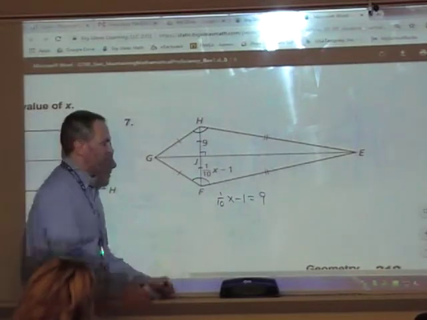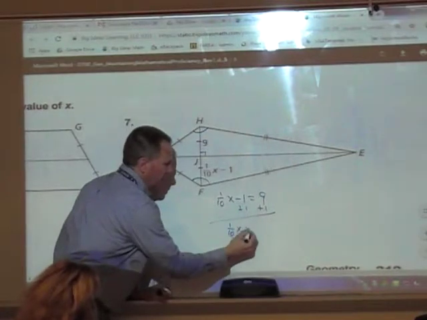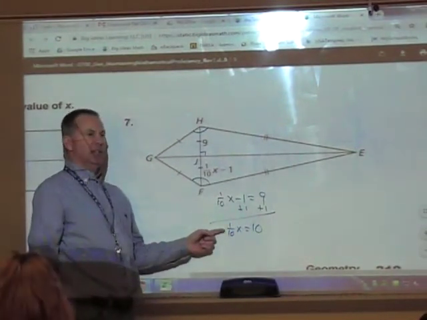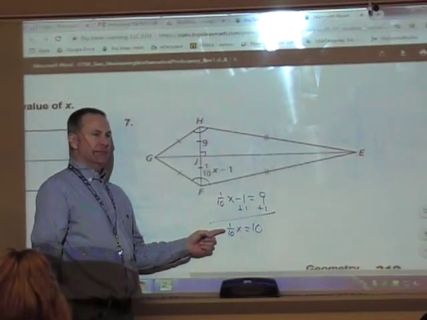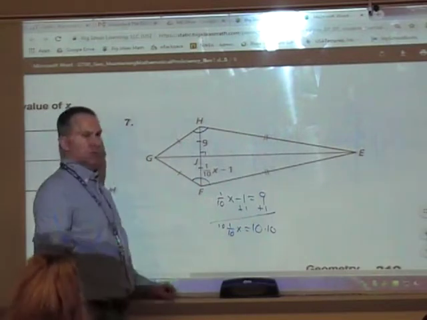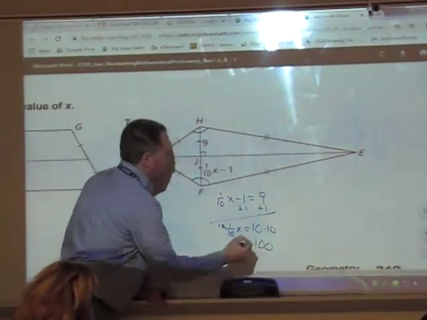Okay? So let's add 1. 1/10 x equals 10. What do I do with this coefficient, everybody? Times it by 10. Reciprocal. Reciprocal of 1 over 10 is 10 over 1. So x equals 100.